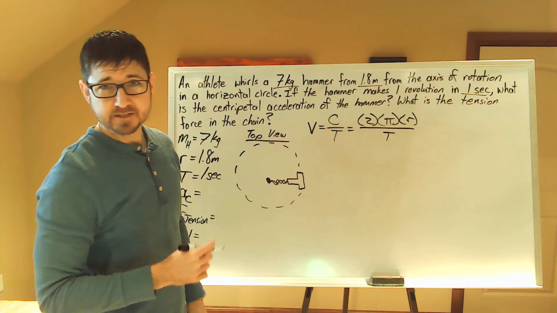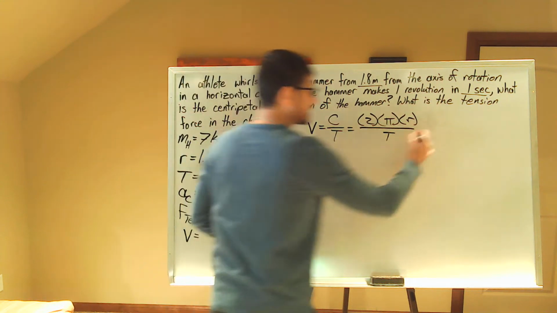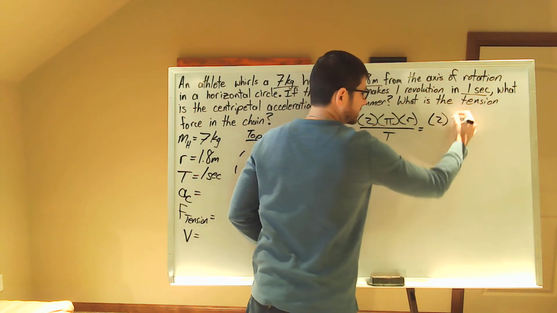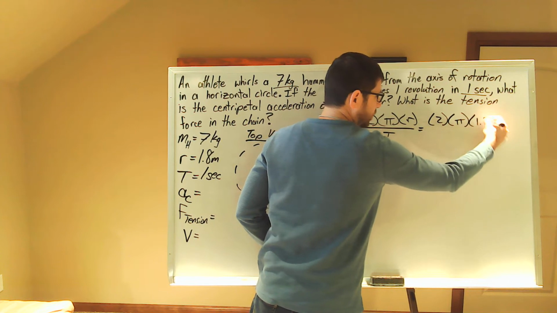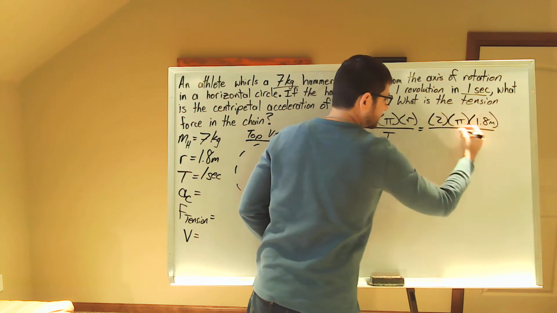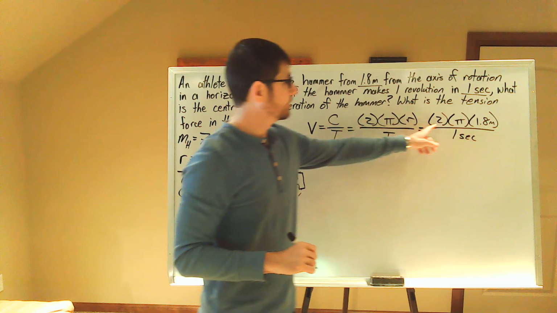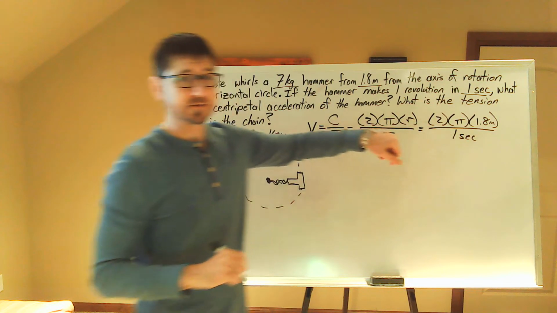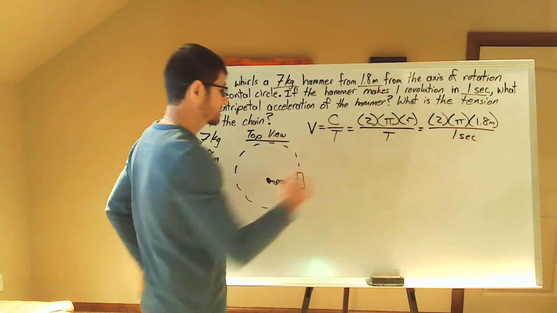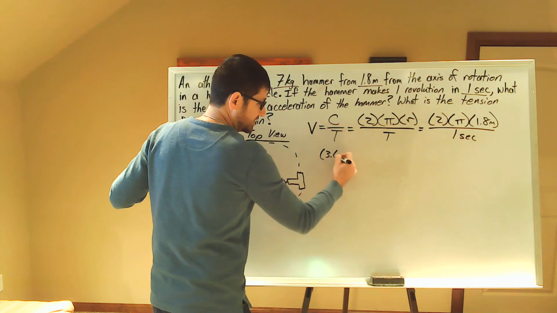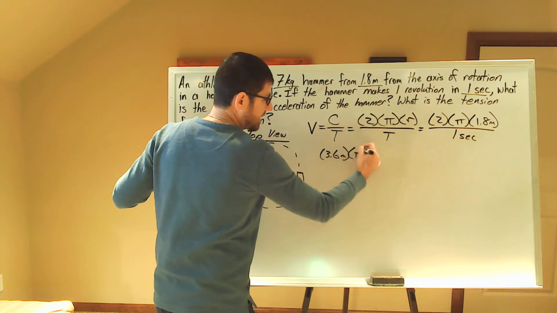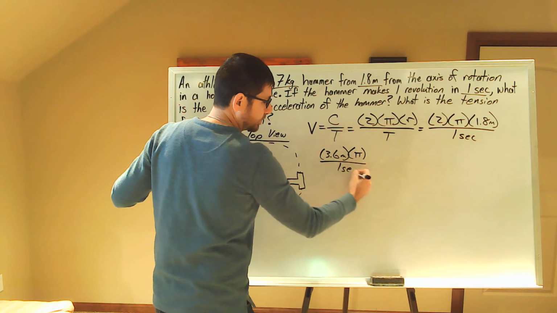The problem gives us the radius, 1.8 meters. So what we have is 2 pi times 1.8 meters, divided by 1 second. 2 times 1.8 is 3.6 meters, so we have 3.6 meters times pi divided by 1 second.